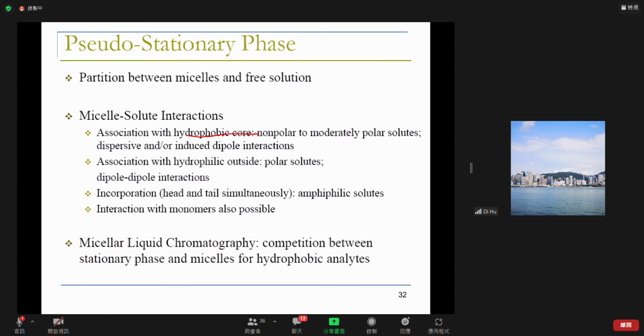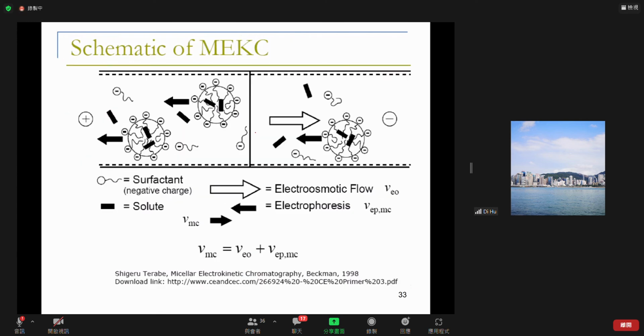And how does that happen? This shows the schematic of micellar electrokinetic capillary chromatography. Now the micelles are negatively charged on the surface.